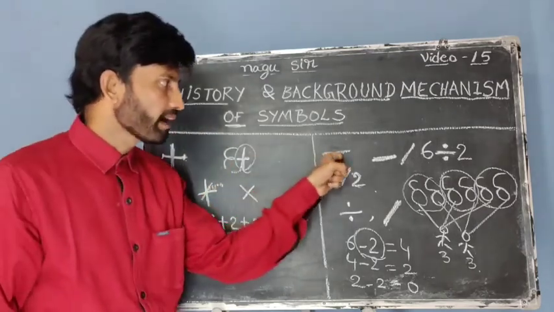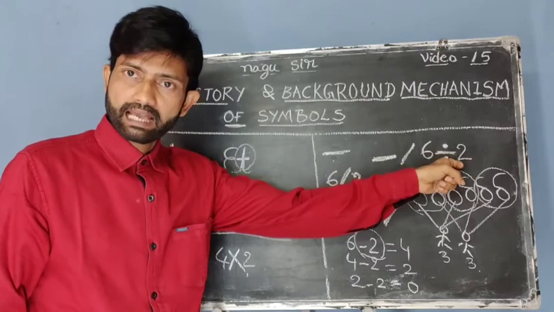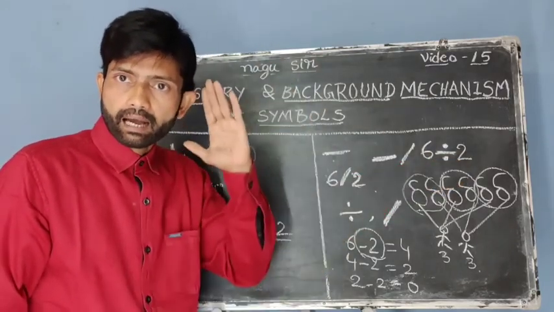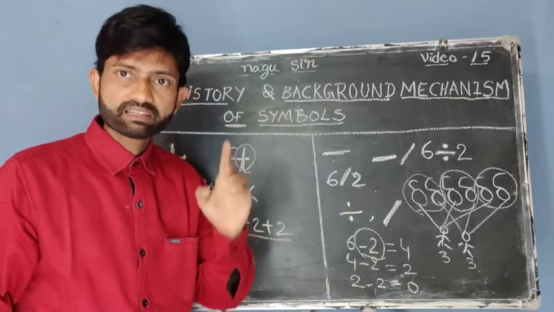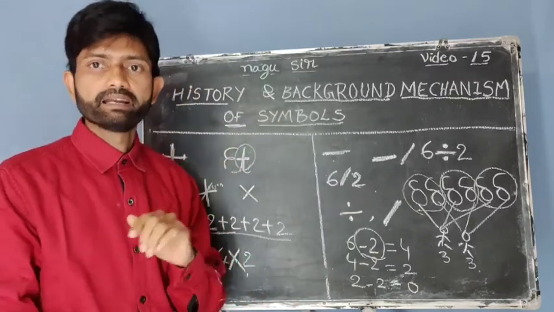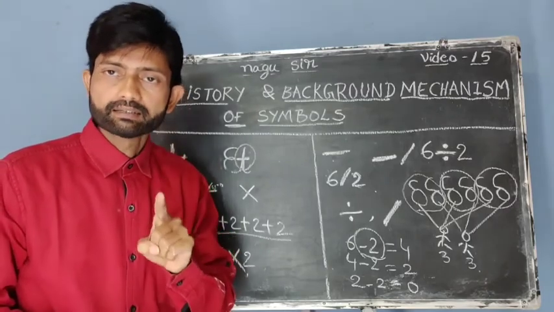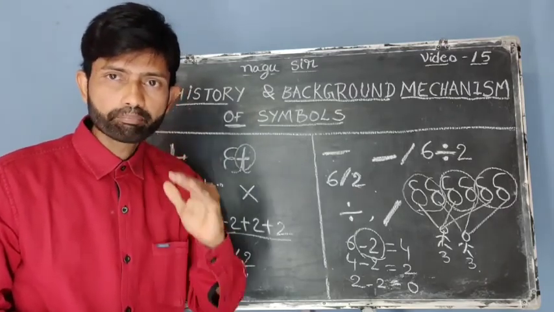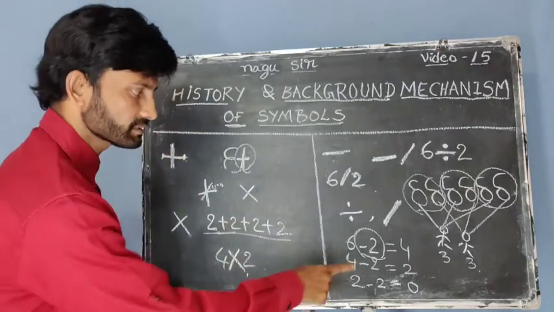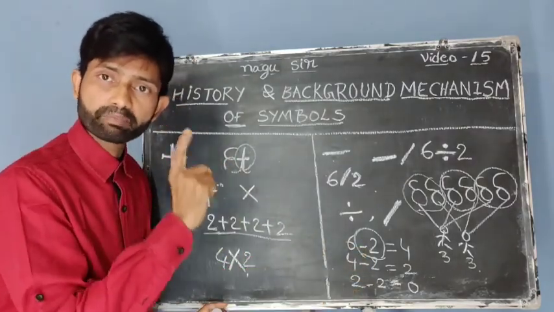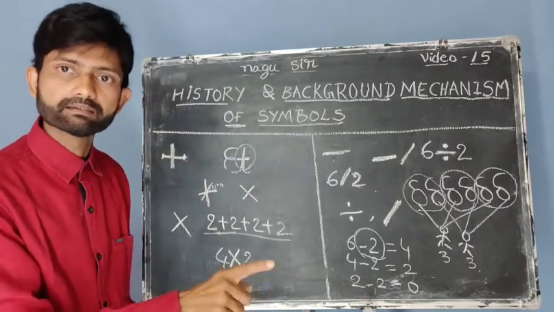In the same way, the minus and divided by symbols have a similarity, so subtraction and division have a relation. So division is nothing but repeated subtraction. Here I have done it. Repeated subtraction is called division.